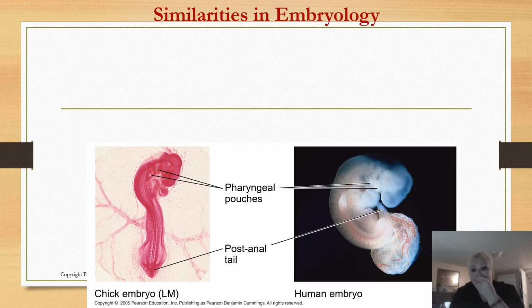Okay, so the last evidence of evolution that we have is we're going to look at embryos. On the left here, I have a chicken embryo. When I was in high school, because you guys know I lived in the middle of nowhere, we incubated chicken eggs. We had fertilized eggs that we kept in an incubator to keep them warm so they could develop.